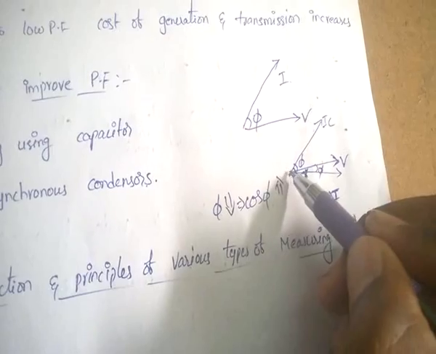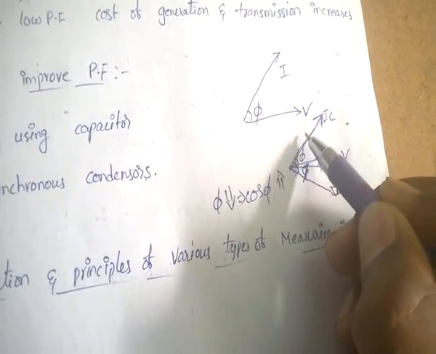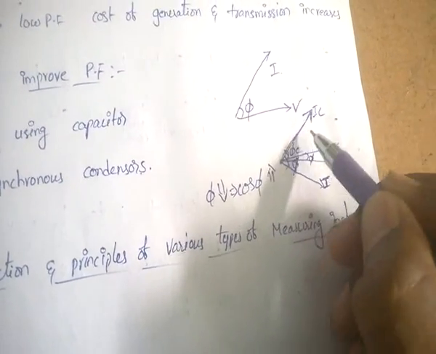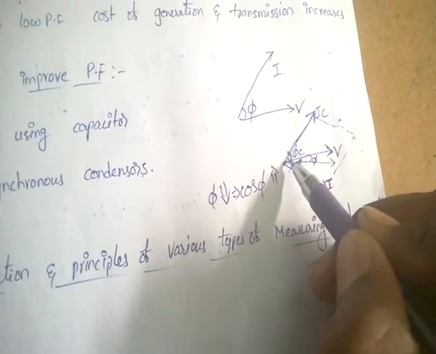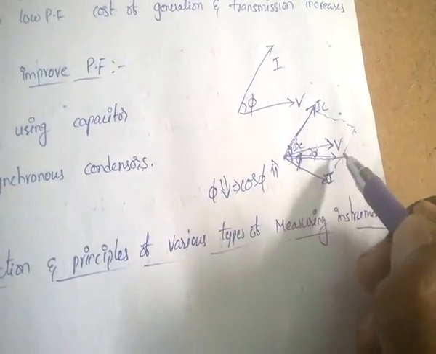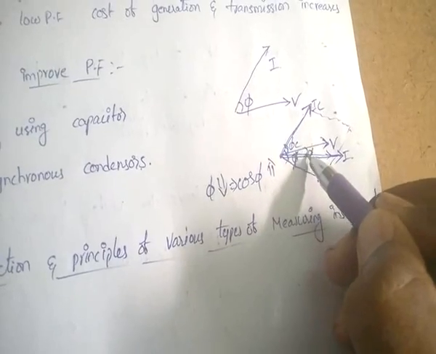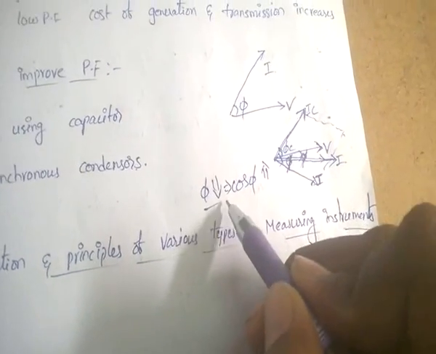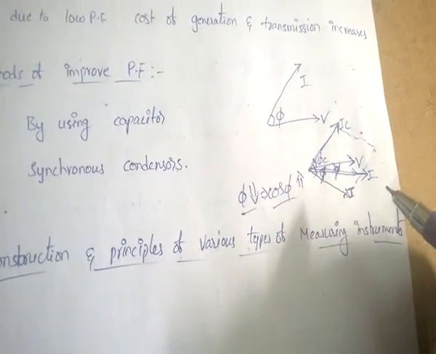The capacitor current leads the voltage, that is IC, at angle phi c. So this is the resultant current. So phi is reduced. As phi is reduced, cos phi increases. That means power factor increases.